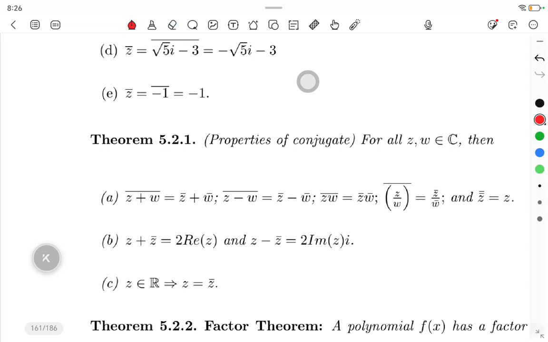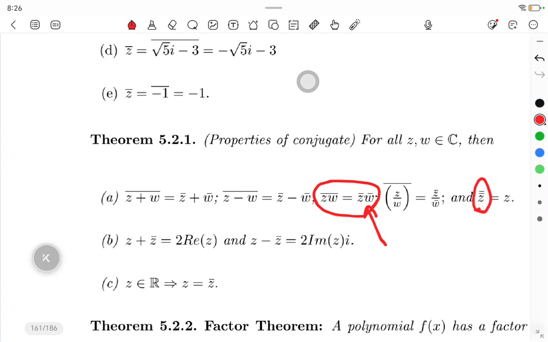And then again, the conjugate of two multiplied will be the conjugate of each. And for division, the same thing, the conjugate of each. And if we apply a conjugate on a conjugated complex number, the conjugate is going to cancel out. It's like a double negation.